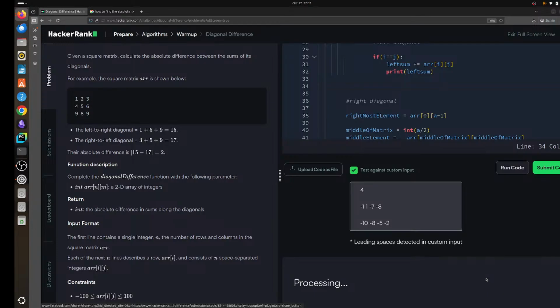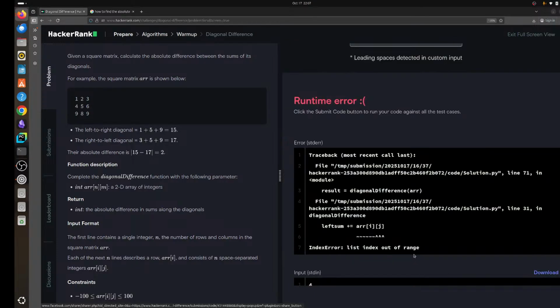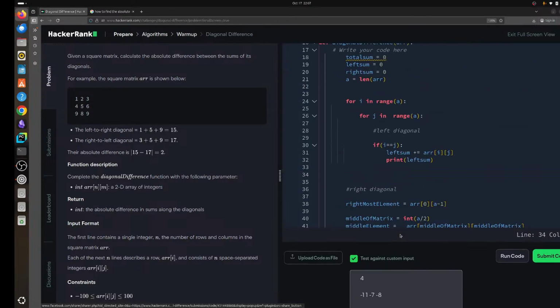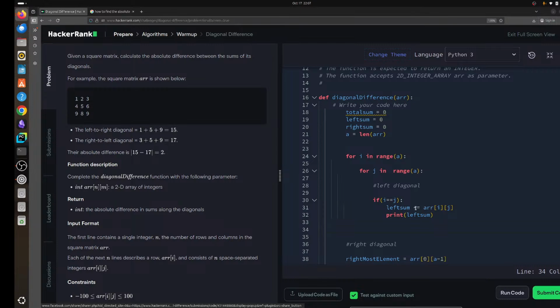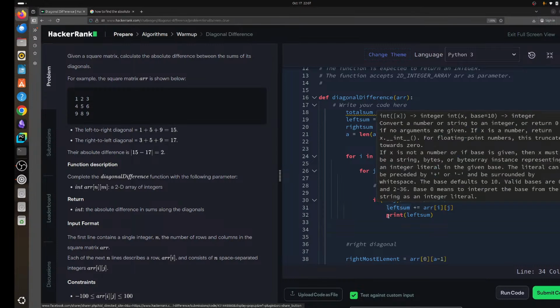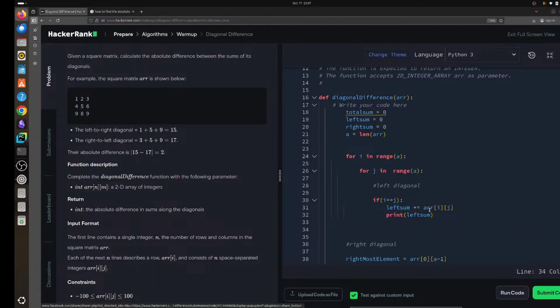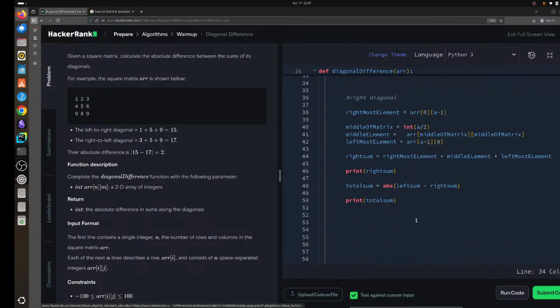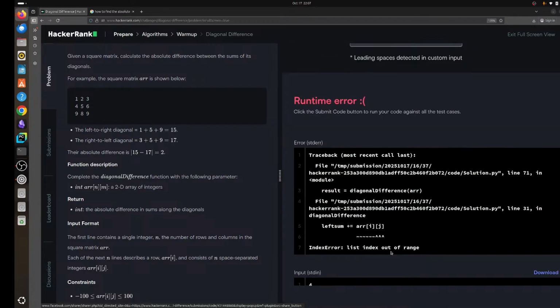Left sum is 0. Not able to understand what this is. So list index out of range.